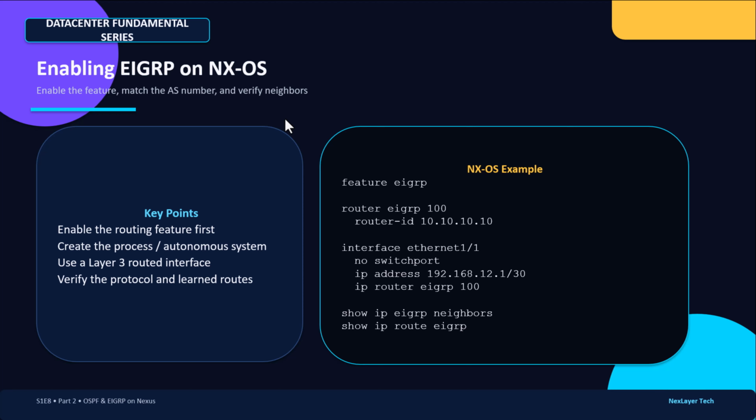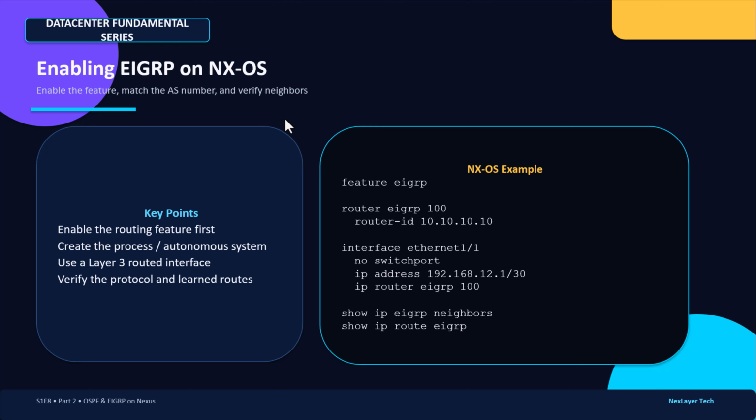Router-id 10.10.10.10. Next, we enable EIGRP on the layer 3 interface. For example, interface Ethernet 1/1, no switchport, ip address 192.168.12.1/30, ip router eigrp 100. This command enables EIGRP autonomous system 100 on the interface.